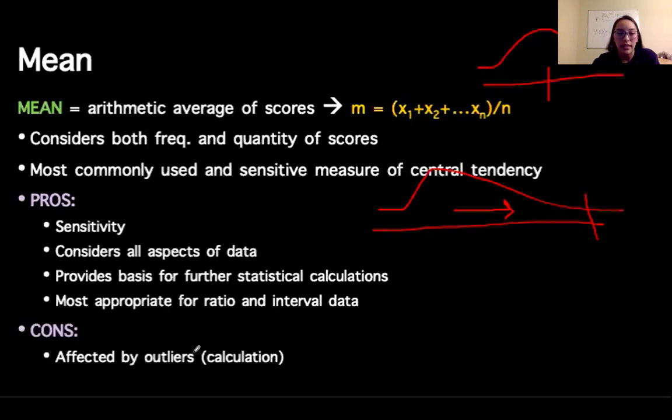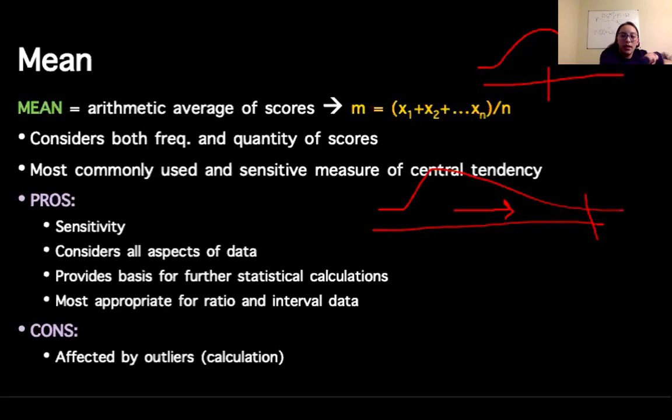Cons of this is that it is affected by outliers, right? So the good thing is that it's sensitive because it can detect outliers based on fluctuations in the actual value. But the bad thing is if you don't check for normality and you're not able to pick up that you have outliers, then we can't use the mean to compare a sample to a population, because that's the big ticket.